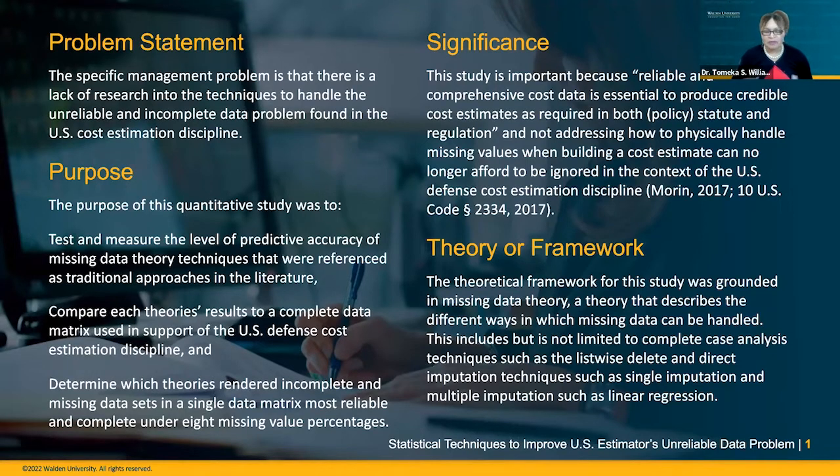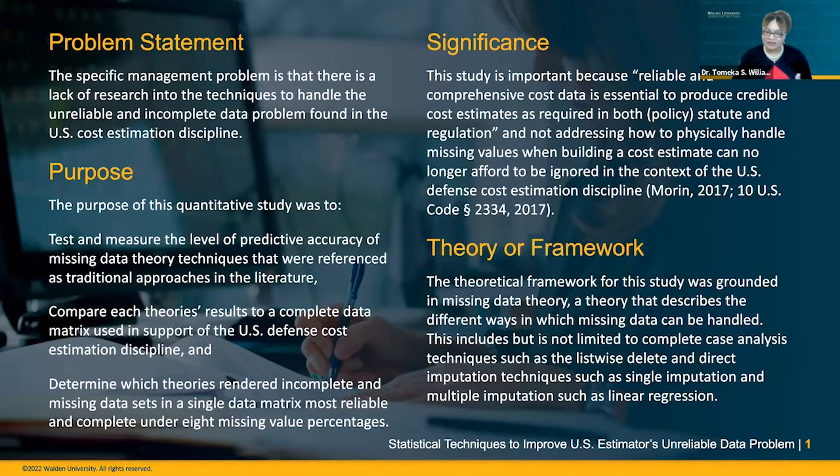Going through all of that, what was discovered was that the certification warehouse, like US Code 2334, tells us that cost estimators should have data, this is how they should operate, and they must always have reliable and complete data to build their estimates from. That was a consistent theme.